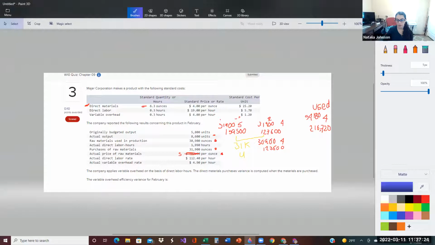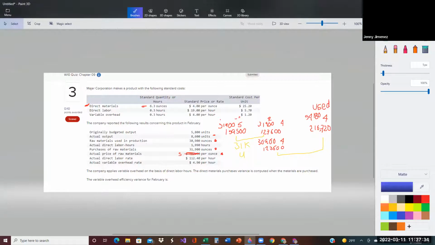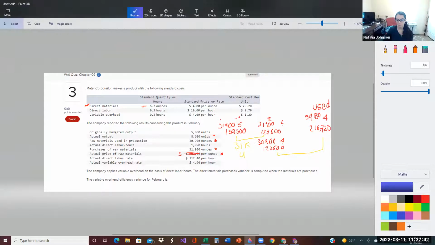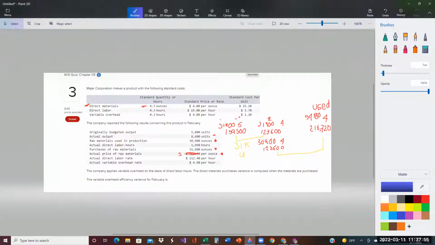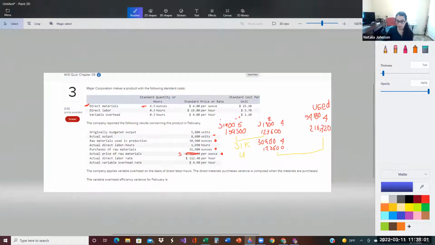Now for the use, the quantity variance. So used is quantity variance. We're using the second column because that's how many we actually used, not the standard quantity. So 2B minus 3. 216,720 minus 123,600 is 93,120.